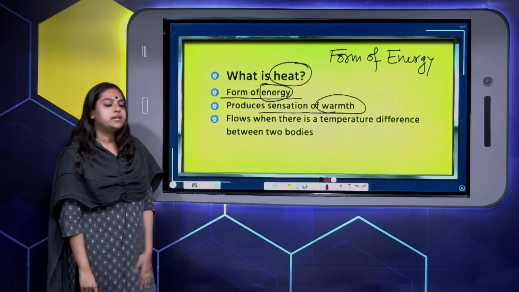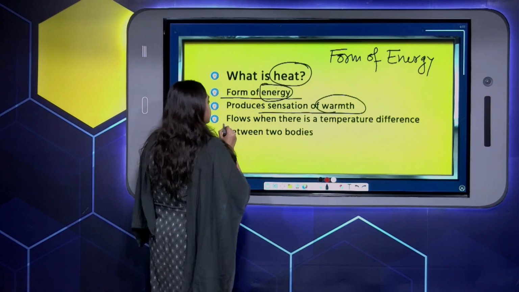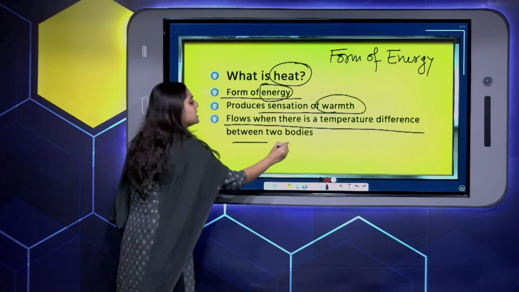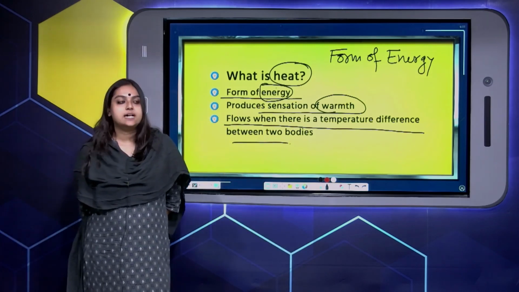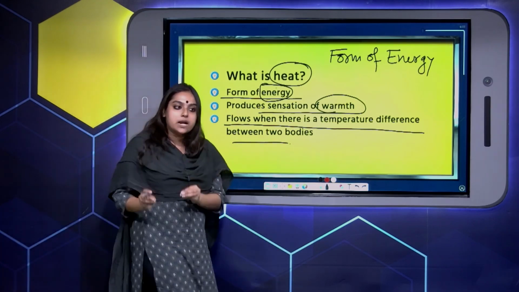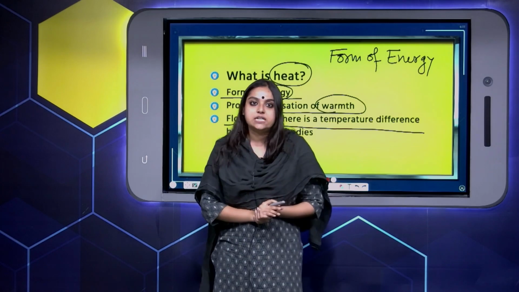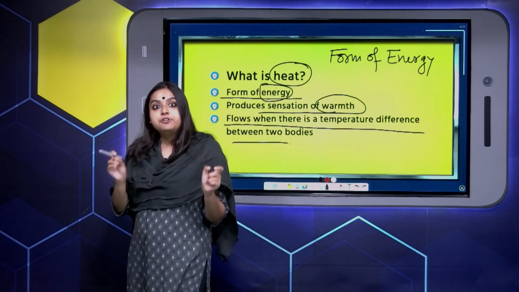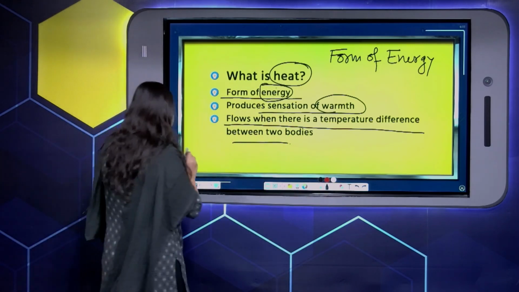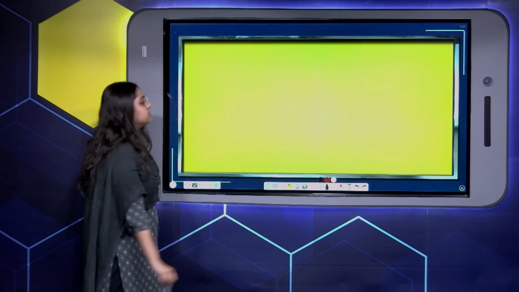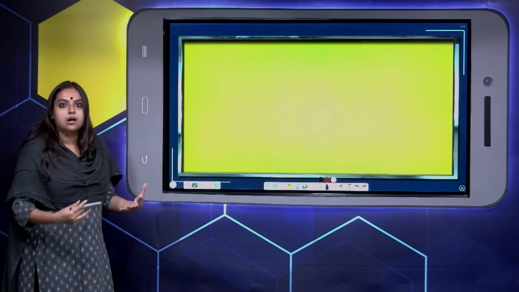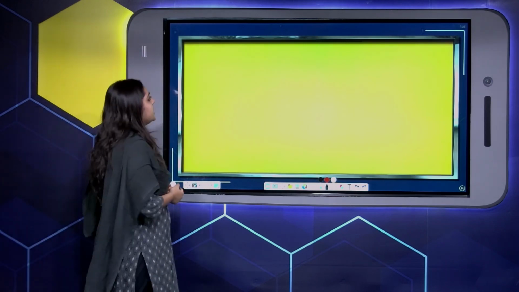And what is the last point? Last point says that heat flows when there is a temperature difference between two bodies. What does that mean? Heat flows from one body to another body when there is a difference in temperature of the two bodies. Let's come to another, deeper area.